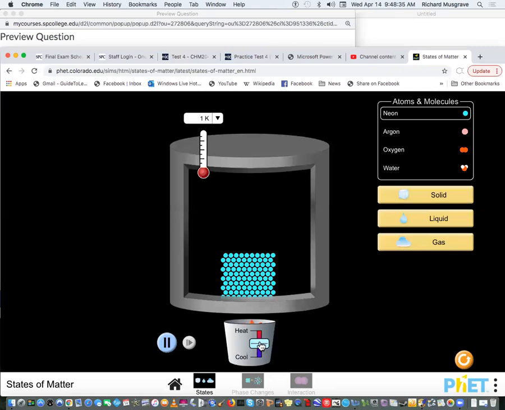All right, but we can heat this. See, a little fire comes up. Whoa, look at that. So I'm going to heat it. And you can see what happens. At this temperature, we're getting more of what I would consider to be a liquid phase.